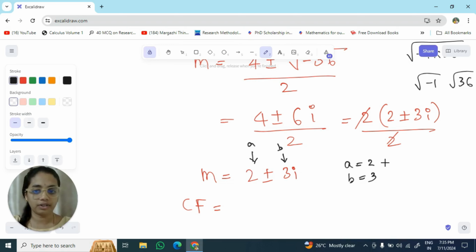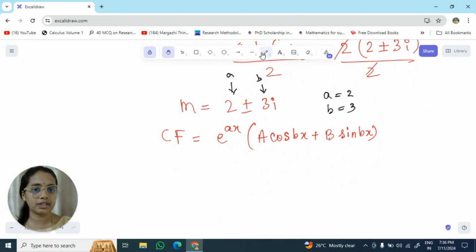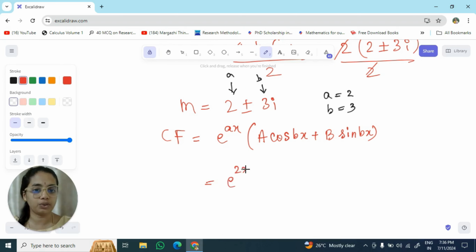Clearly CF for complex roots would be e to the power ax into a cos bx plus b sin bx. Yes, so what happens next is write it as e to the power 2x into a cos 3x plus b sin 3x. So we are done with half of the problem, that is we have found the CF, complementary function.